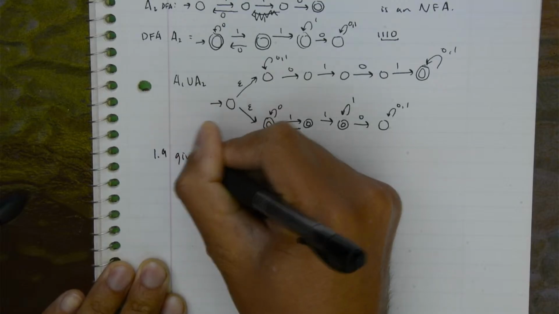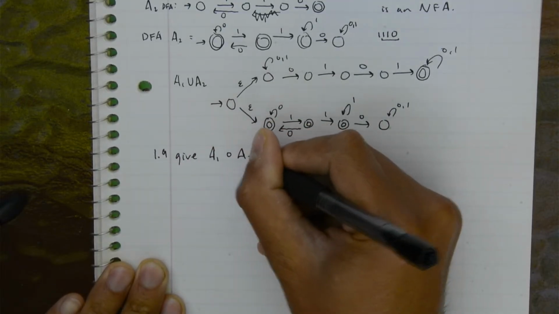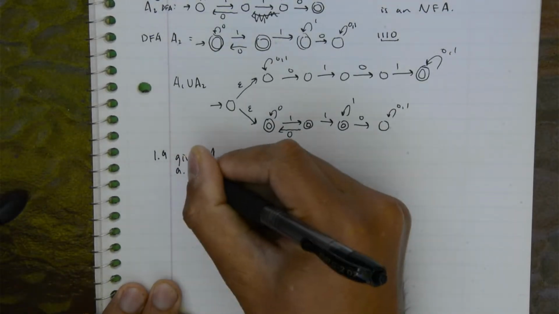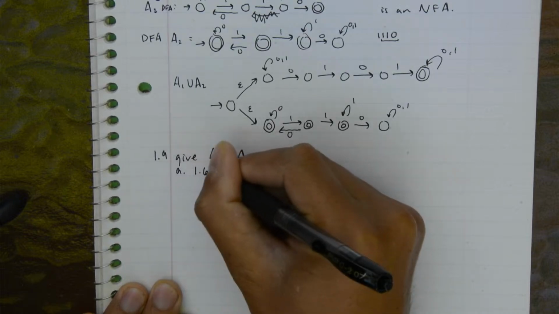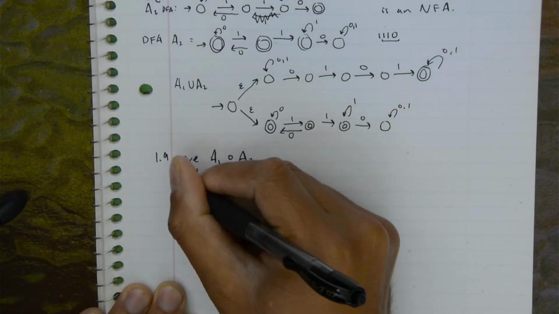Okay, 1.9. Give A1 concatenated with A2. Okay, so A is 1.6G concatenated with 1.6I. So this is A1.